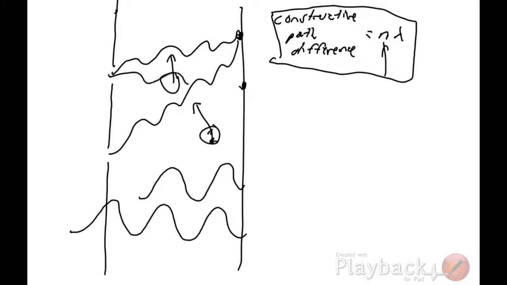There might be a spot right here where they would travel the same distance, and the wavelength would be the same. If maybe up here, this bottom wave traveled 2 wavelengths farther than the top wave, we would get 2 lambda. What would we get? Constructive interference.